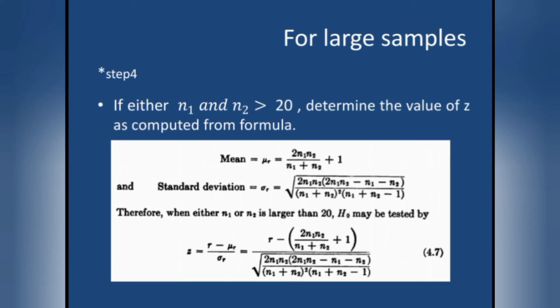The significance of any observed value of z computed from this formula may be determined by reference to the normal curve table, yung table ng z-test. That is, Table A gives the one-tailed probabilities associated with the occurrence under the null hypothesis of values as extreme as an observed z. One-tailed test lang yung table natin dito.